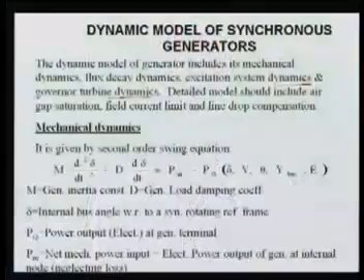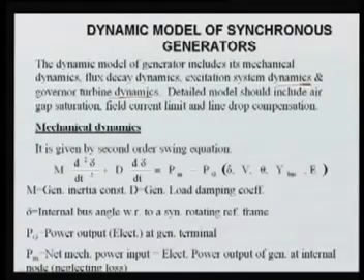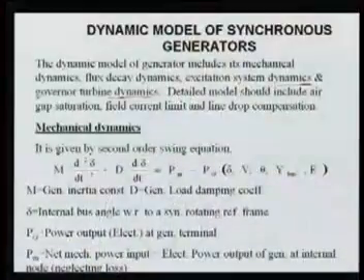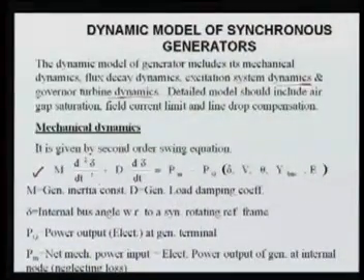To see this mechanical dynamics, so far in the classical model we ignored this term in the swing equation. This term is nothing but the damping of the system. This is the generator load damping coefficient, that is D, that is coming into the picture.